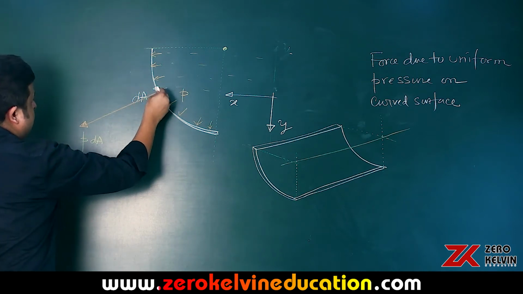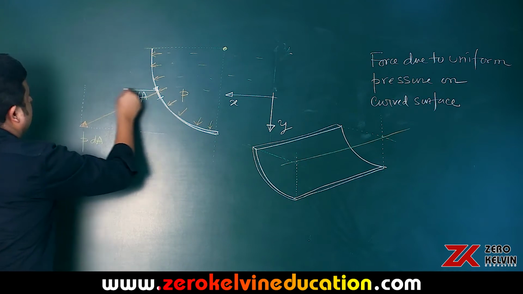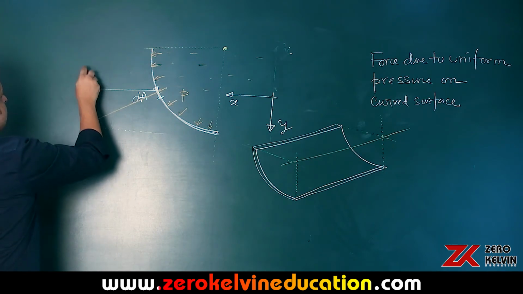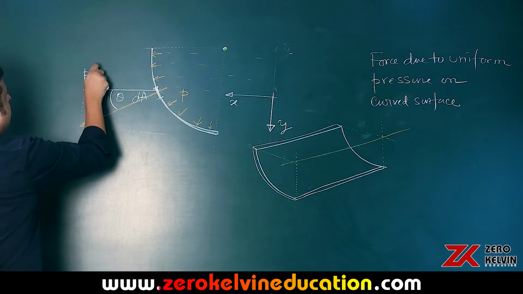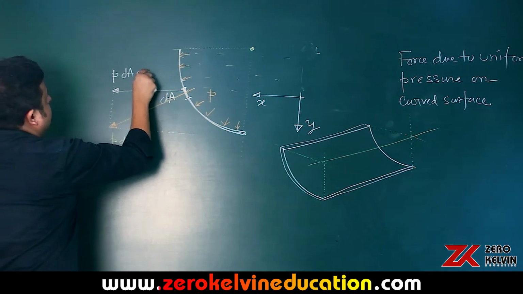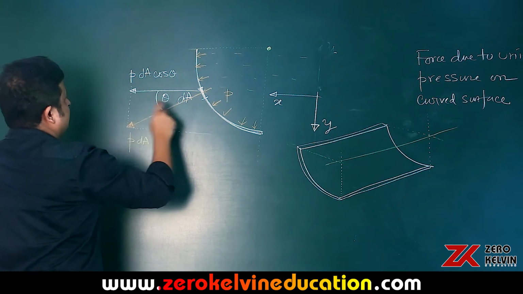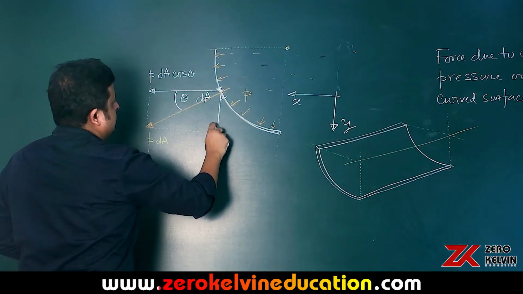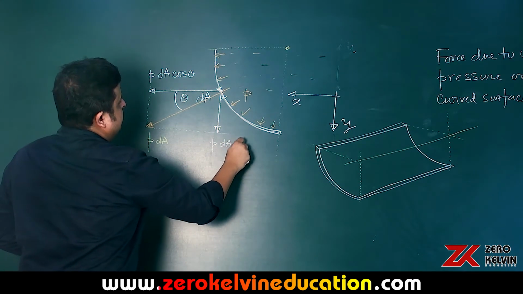So that's the X component. So this will be, if this angle is theta, so this is P multiplied by dA cos theta, and this component will be P multiplied by dA sin theta.